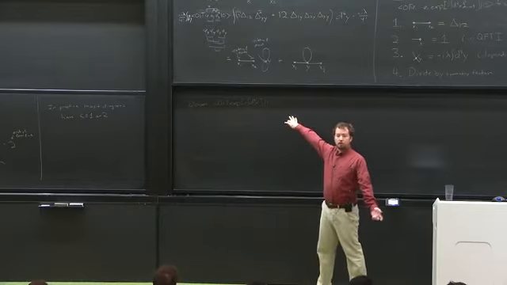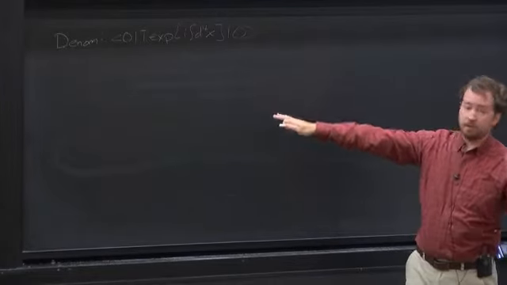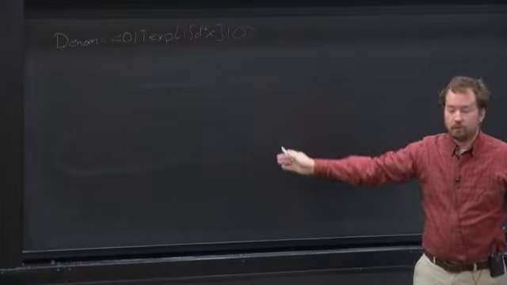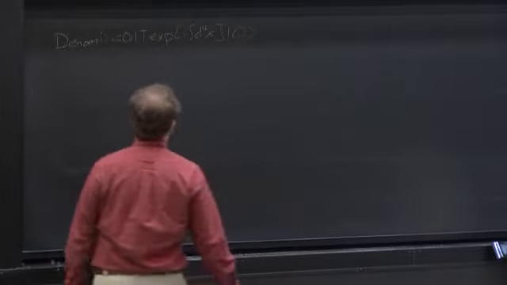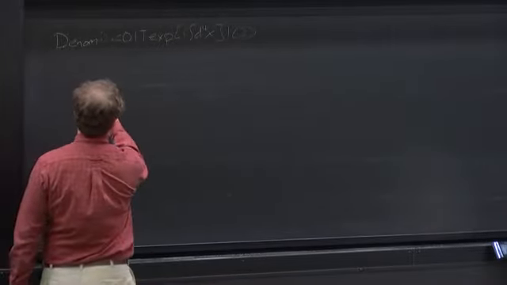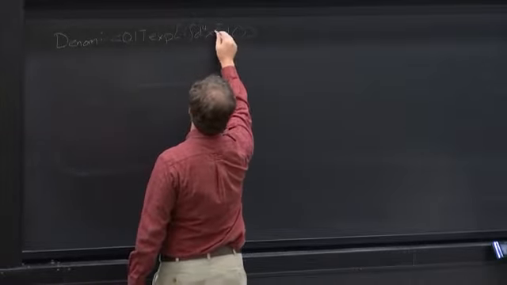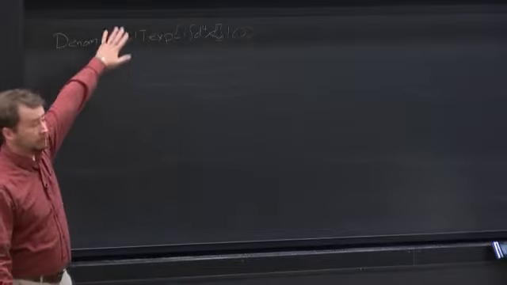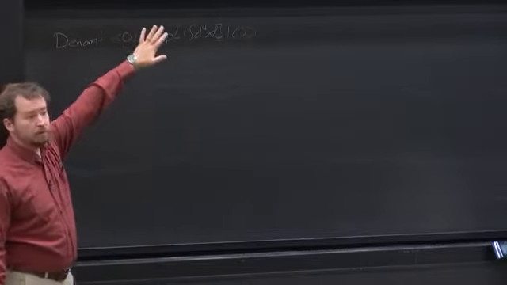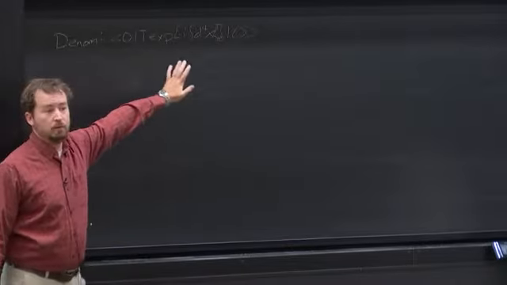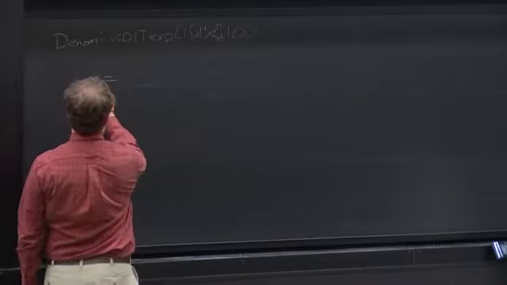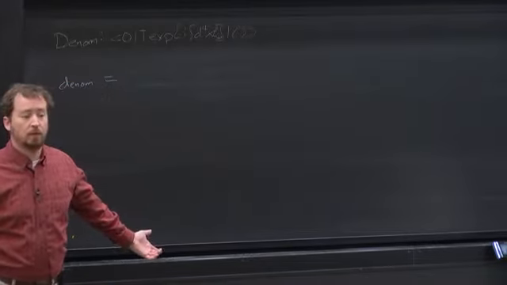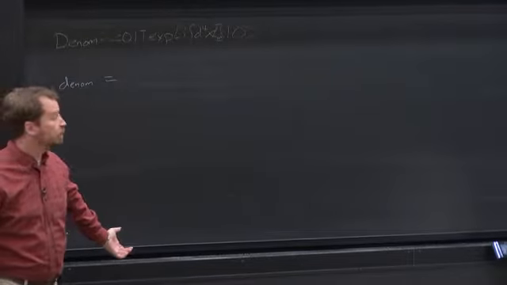And, well, in a sense, we already understand it. It's exactly the same as the numerator, just with no external points. So this is equal to the sum of all diagrams with 0 external points.